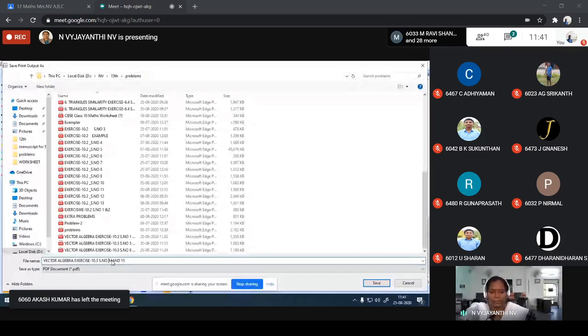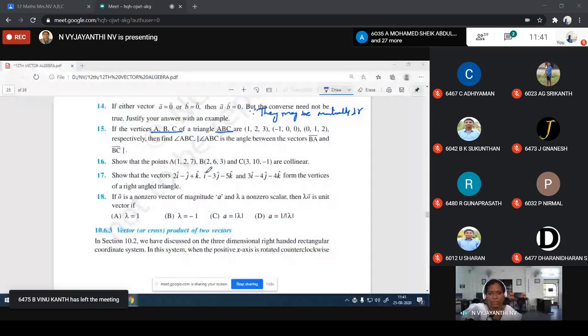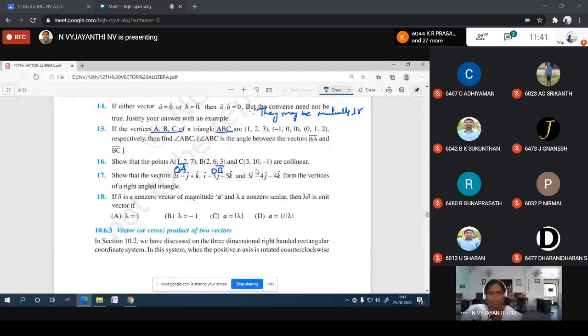In the last CBSE exam, this triangle question was asked and many made mistakes in that. Show that the vectors form the vertices of a right angle triangle means you have to consider these as OA vector, OB vector and OC vector, then find AB vector, BC vector and CA vector, and check whether they satisfy Pythagoras theorem or not.